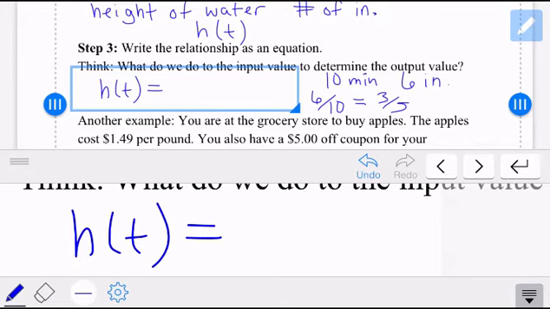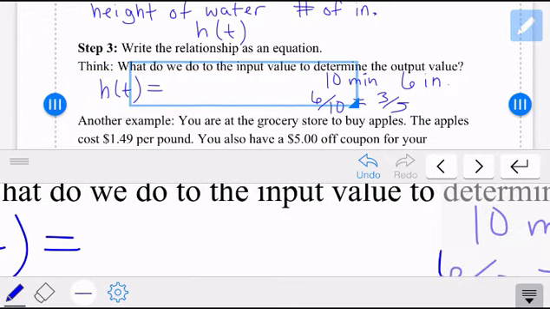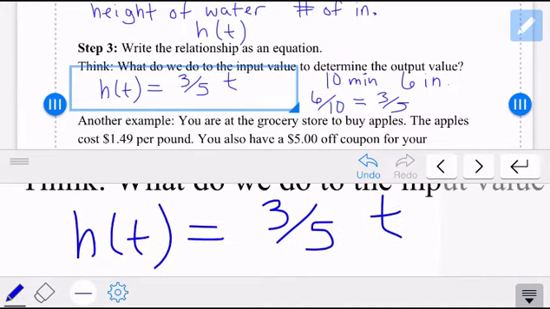Think, if it's going up 3/5 of an inch per minute, and let's say 30 minutes go by, what would you do with that 3/5 and the 30 minutes? You should multiply them. So for your function, you want 3/5 times our variable t for the number of minutes. And that would be it. That should be your function.